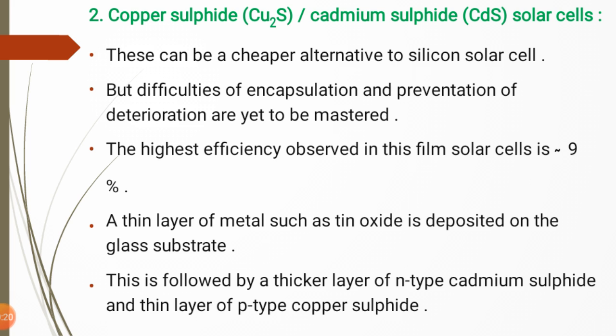This is followed by a thicker layer of N-type cadmium sulfide and a thin layer of P-type copper sulfide. That means the first material is the glass substrate on which the tin oxide is deposited, and after that there is the N-type cadmium sulfide, which is the thick layer, and after that there is a P-type material, that is P-type copper sulfide.